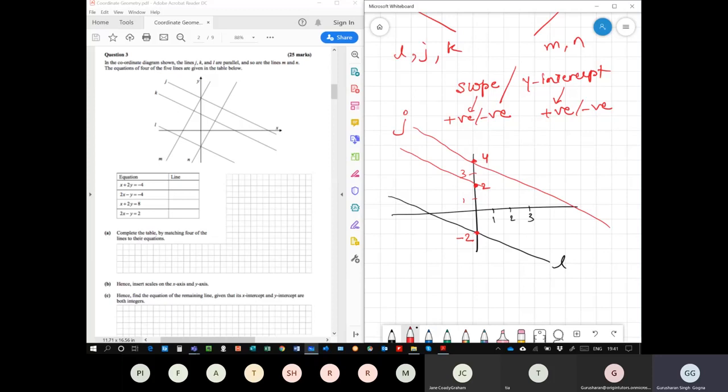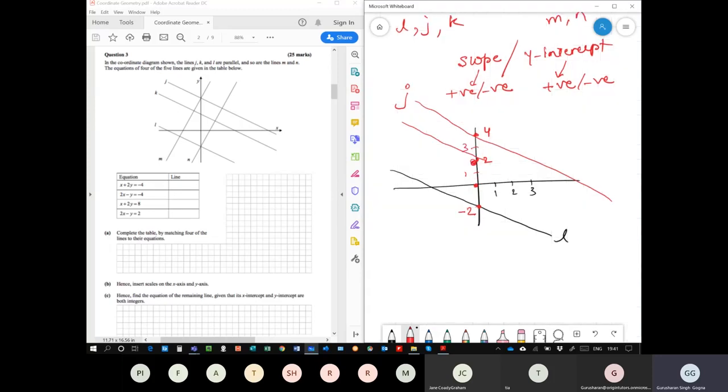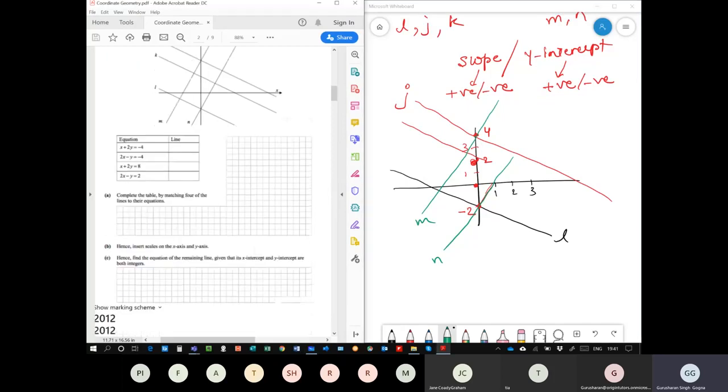So the main thing is this is passing through 2, this is passing through 4, and this is passing through -2. And for the other line, it's passing through like this. So that's your N. Okay, and this is passing through something like this. So that's your M. Okay.